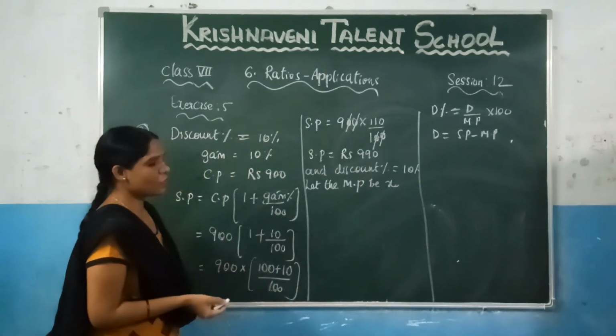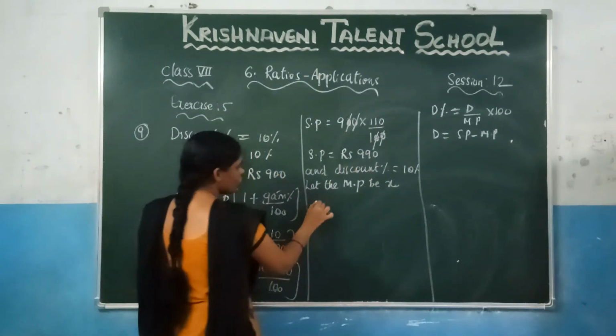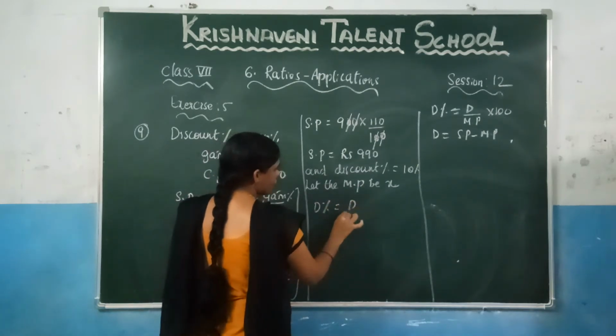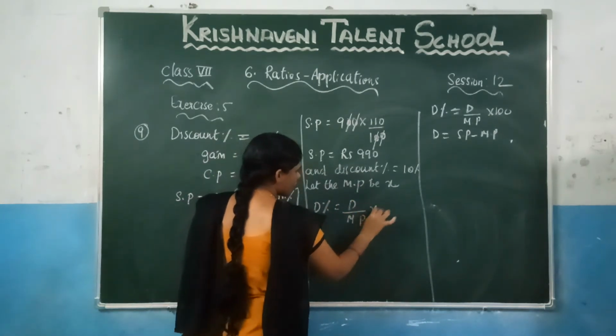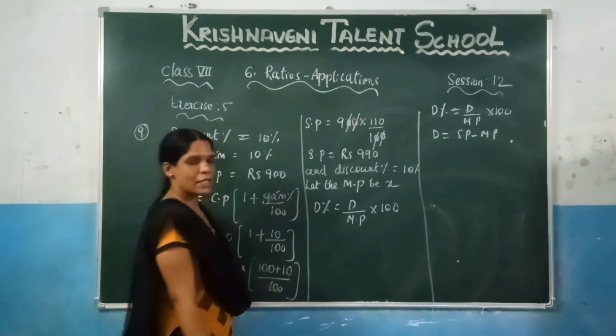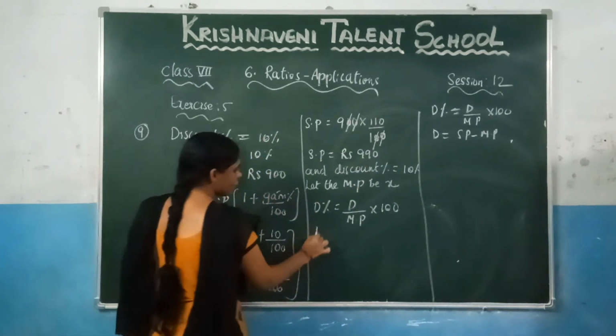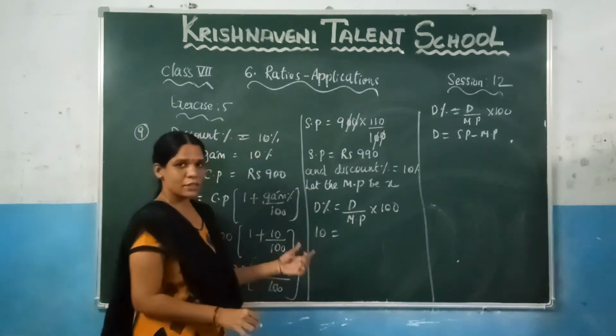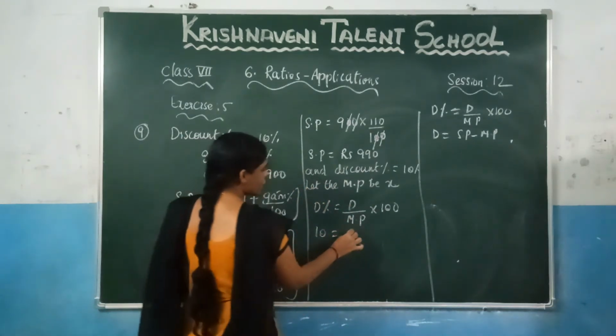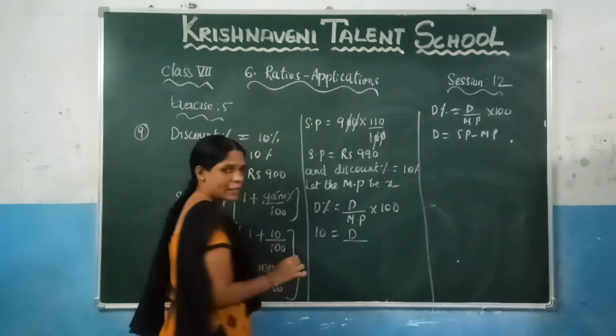Now apply the formula. You know that discount percentage is equal to discount by market price into 100. So what is the discount percentage they have given? 10. So write here 10 is equal to discount. We don't know what the discount is, so write here D.